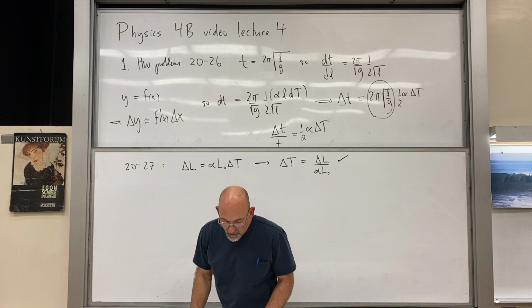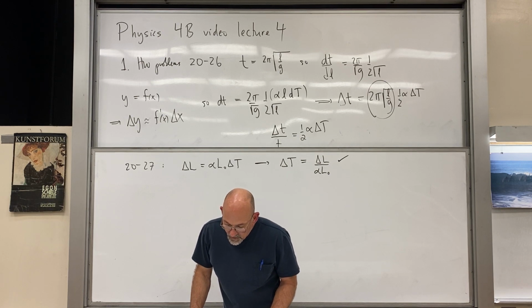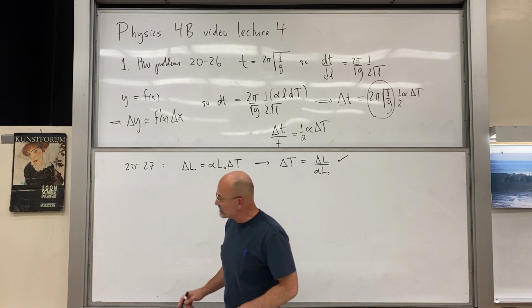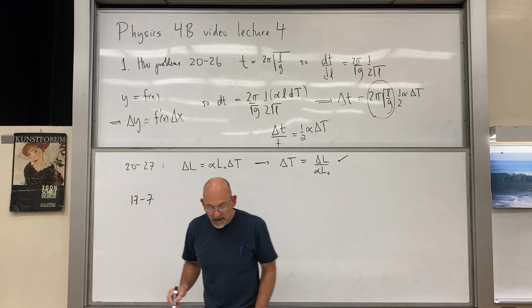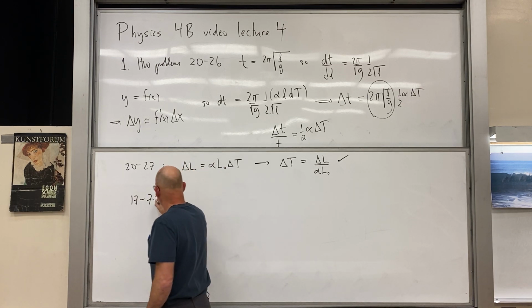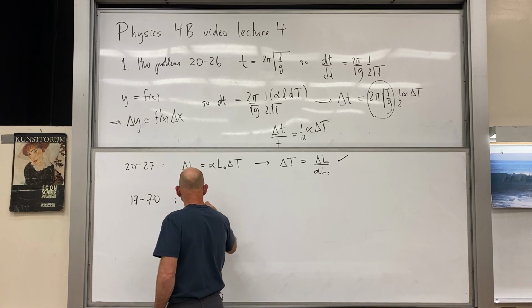And I have here also a question about chapter 17, problem 70. So now you've got the v root mean square.